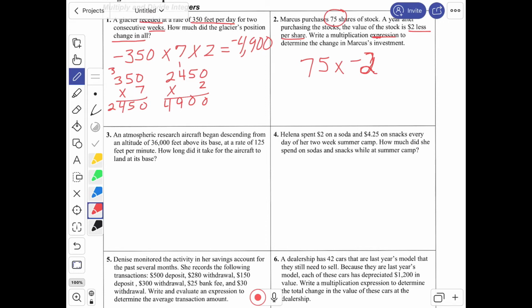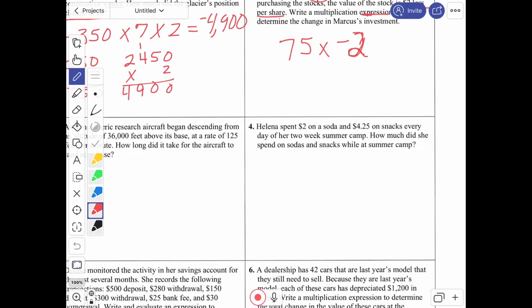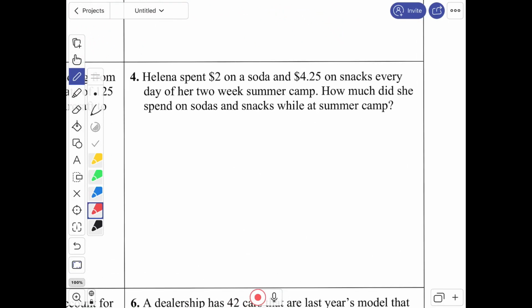Let's look at number 4. Helena spent $2 on a soda and $4.25 on snacks every day of her 2-week summer camp. How much did she spend on sodas and snacks while at summer camp? Okay, $2 on soda and $4.25 every day.